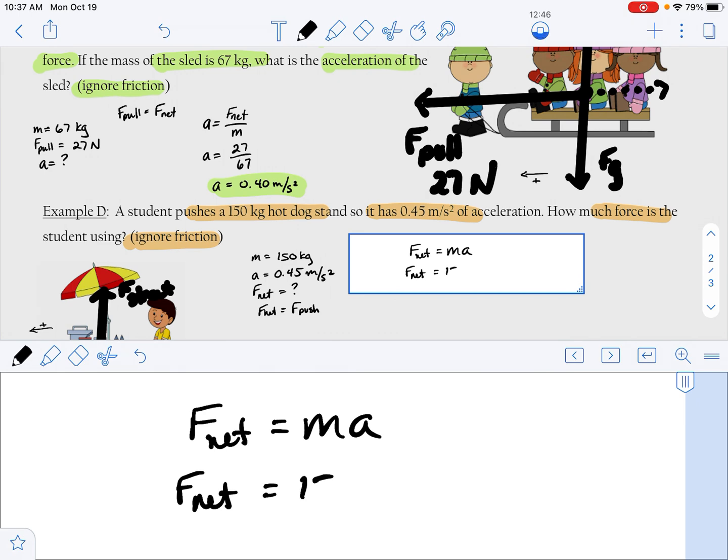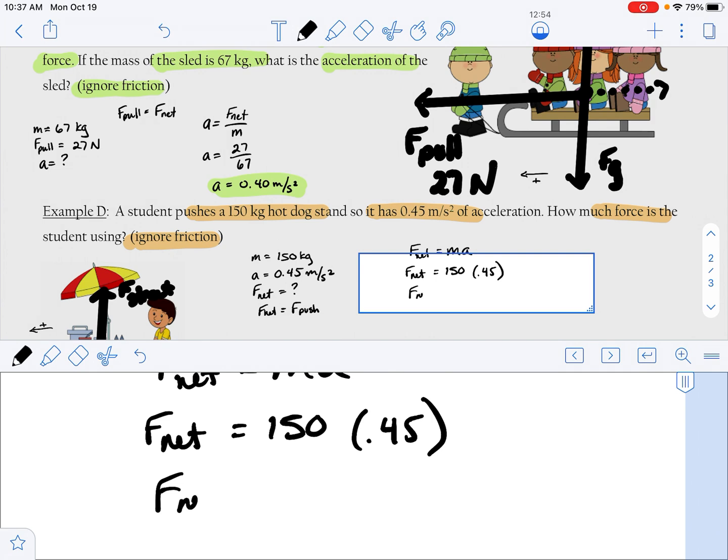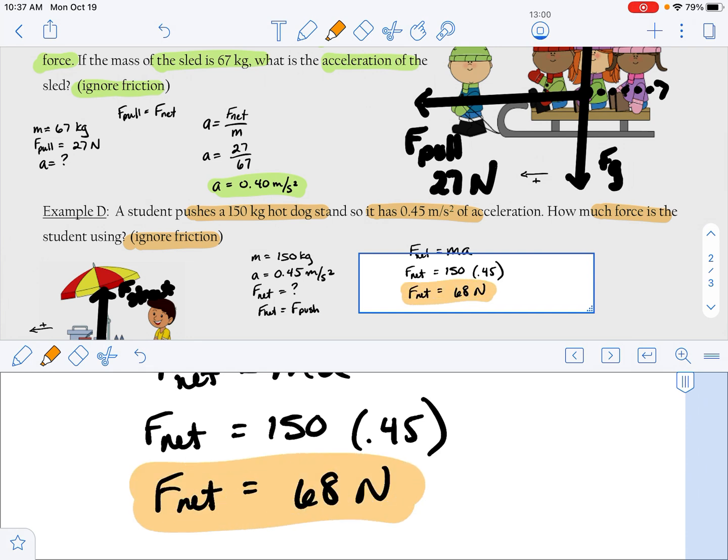If I put in 150 kilograms and 0.45 meters per second squared, that is going to give me a net force of 68 newtons that the student is pushing the hot dog cart with. Okay.